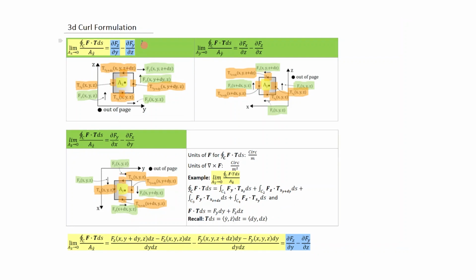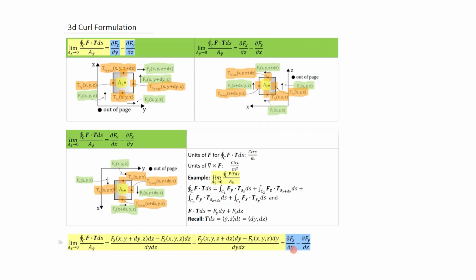And what you'll notice in this case, you've got fz partial y minus fy partial z. The form of this, and the form of this, and the form of this look the same. The only difference is you're exchanging x's, y's, and z's. And so what I've done is written this all out now. You can essentially see that when you do the actual calculation, for example, for the A x hat case, then this just becomes the expression we've seen here.